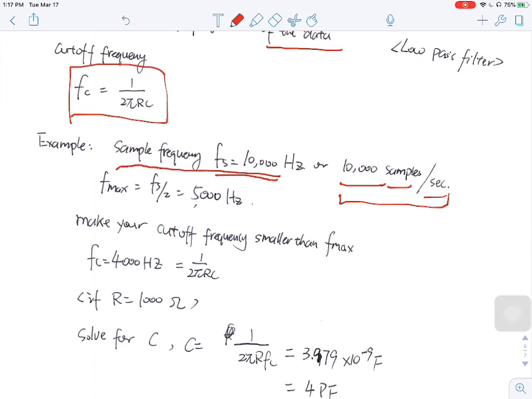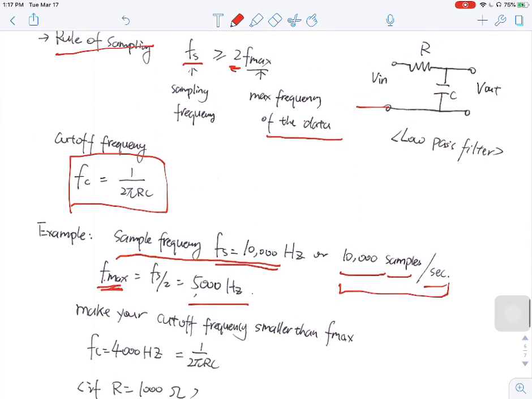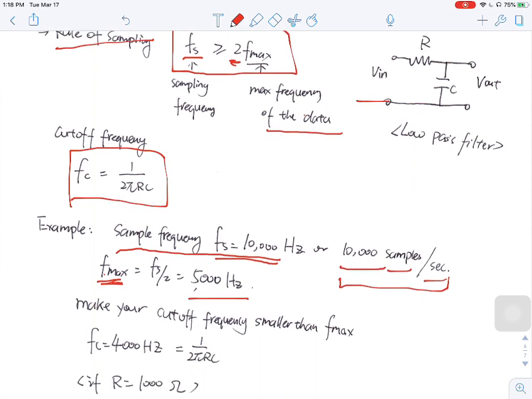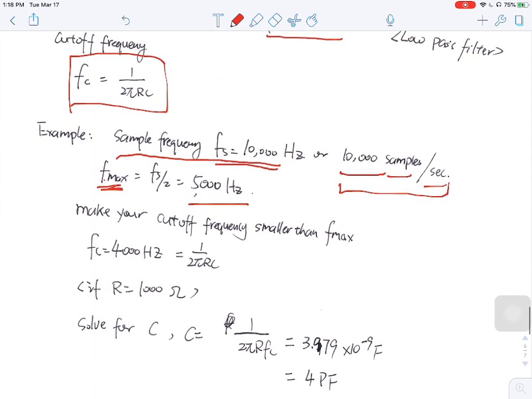And the maximum frequency of the analog signal you're trying to sample would be just fs over 2, which equals 5,000 hertz. That just comes from the theorem: the sampling frequency has to be 2 times larger than the maximum frequency of your analog signal.